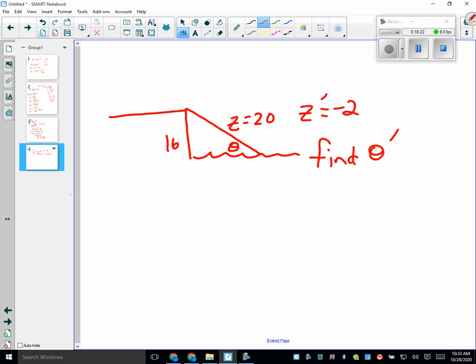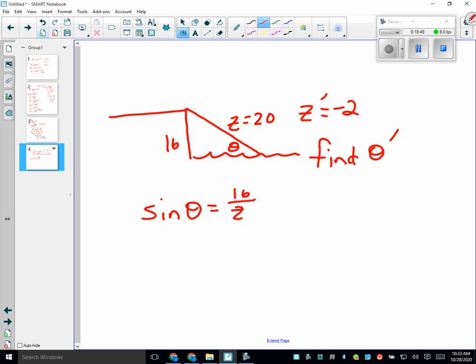So my equation better have a theta in it. Yes. Woo. So is the sine of theta equal to 16 over z? Because z is changing.